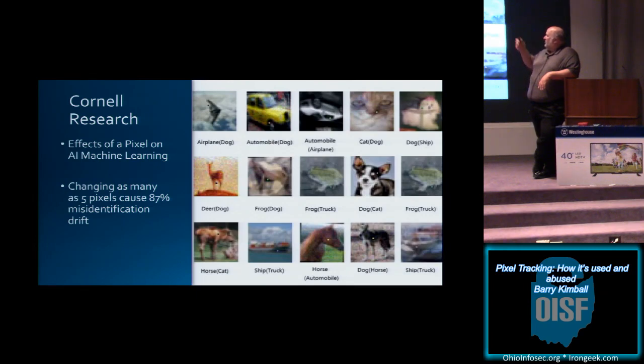It'll cause them to misclassify just by a dot on the tire, and it changed from an automobile to a dog. Putting a dot on the dog changed it to a cat, a horse to an automobile. It's pretty interesting research. Once they get to 3 corrupt pixels in a picture, most AI can't identify the image any longer.